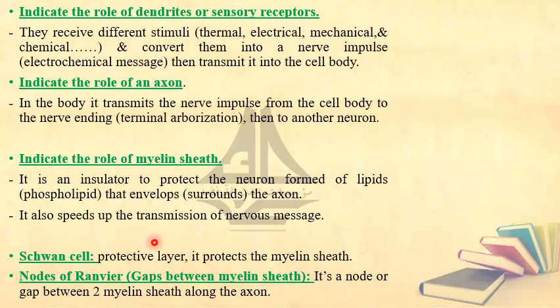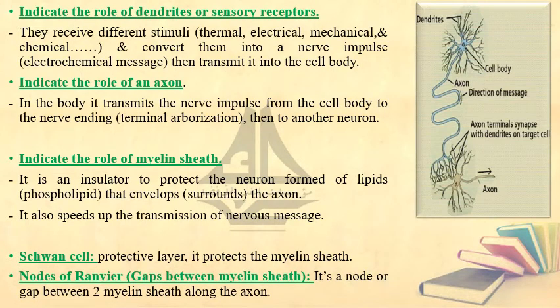The Schwann cell nucleus is placed between the myelin sheath and the Schwann sheath. It protects the myelin sheath, and the nodes of Ranvier are the gaps between the myelin sheath layers. It is a node or gap between two myelin sheaths along the axon.